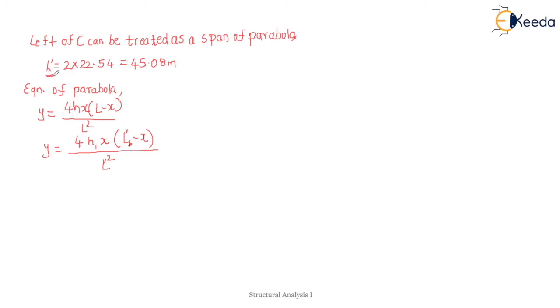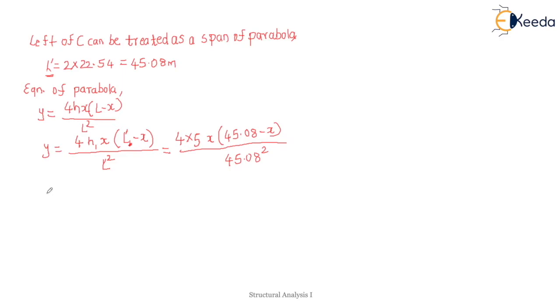Now let us substitute all the values here. 4 into height, and from the left side of the arch the height is 5 meter, and x, and our new span is 45.08 minus x, and then L dash square is 45.08 square.